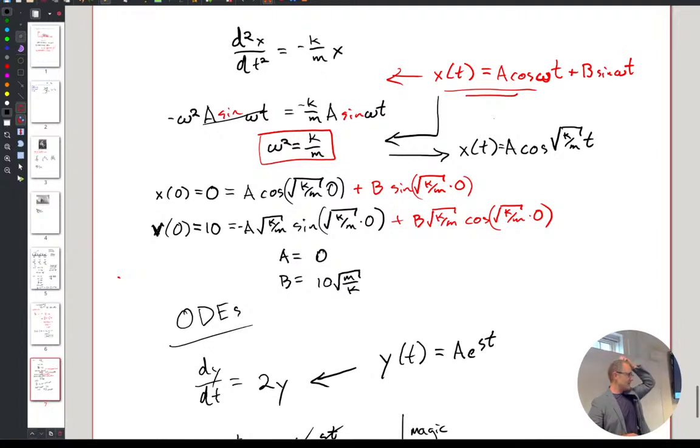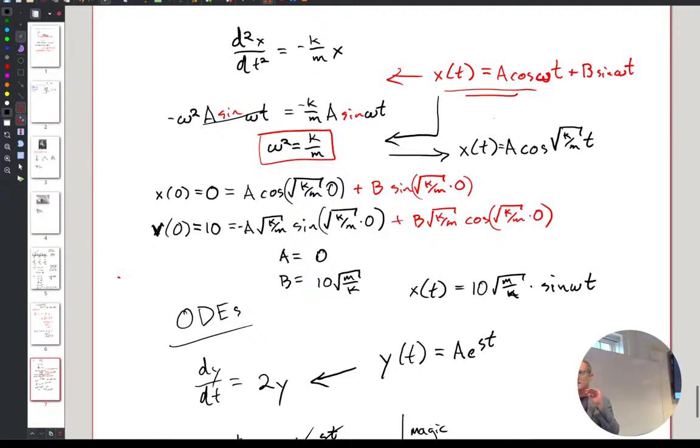Cool. So then we have our answer, right? X of t is not just cosine, but it's 0 cosine plus 10 root m over k. Oh wait, we don't even need that. All we need is that. Sorry, root m over k times sine omega t.